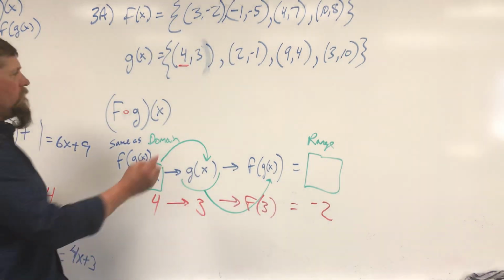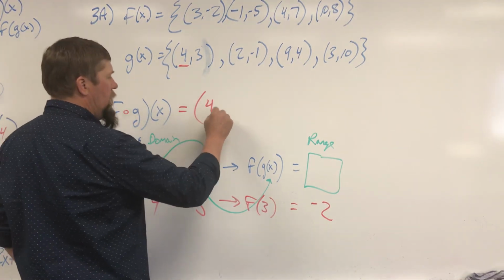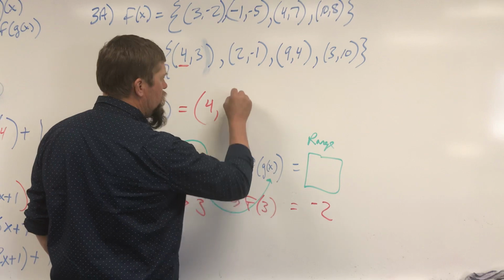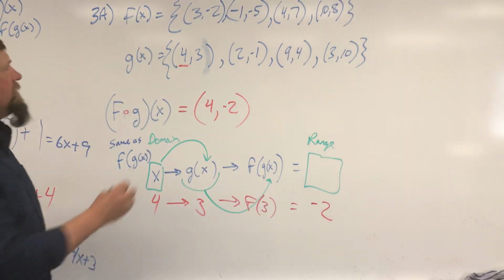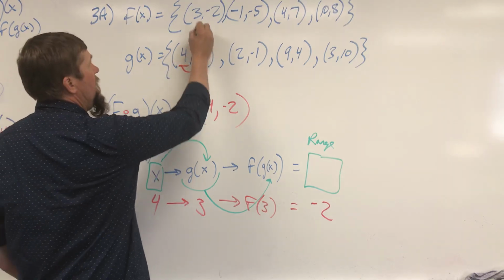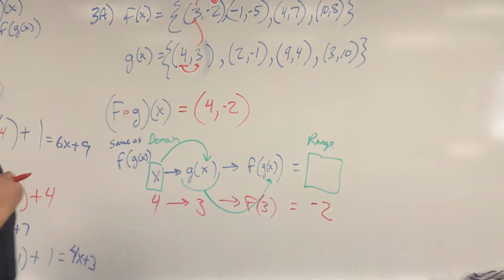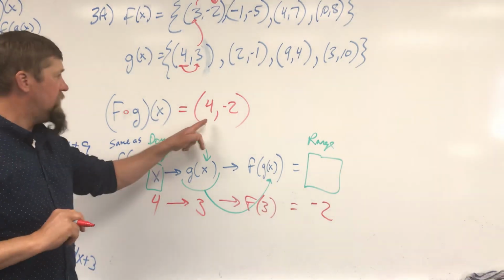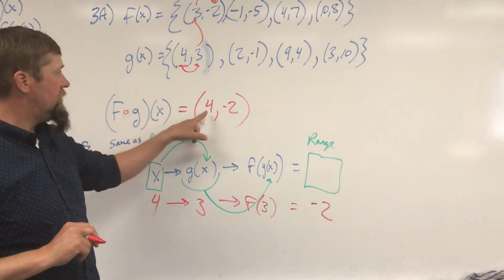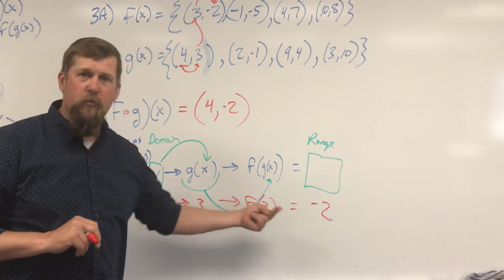So an ordered pair of this one is 4, -2. So 4 goes in, goes to 3, 3 goes in, and comes out as -2. So our point for f of g of x starts with 4 and ends with -2. It goes through 3, though.